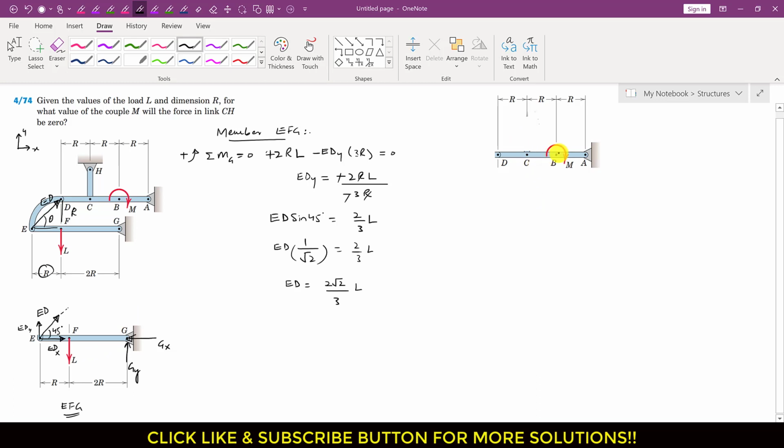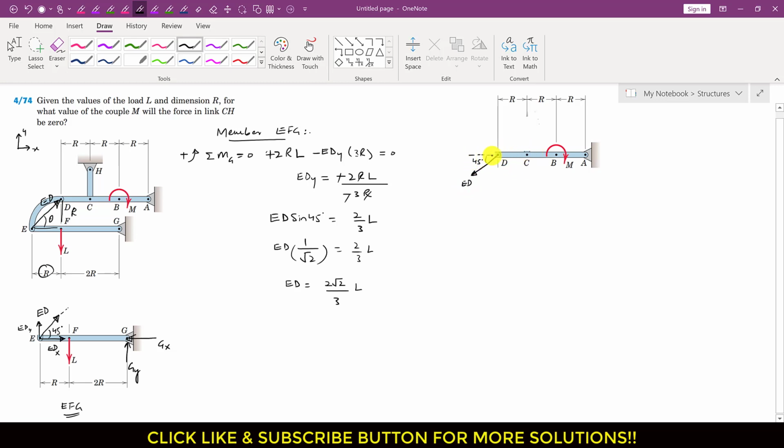Now if we consider this ABCD member, this ED member will apply the same ED force on this ABCD member but in the opposite direction. So this is that same ED force applied by this ED member on this ABCD member. I will write that this is ED, and this ED force will be making 45 degrees here.